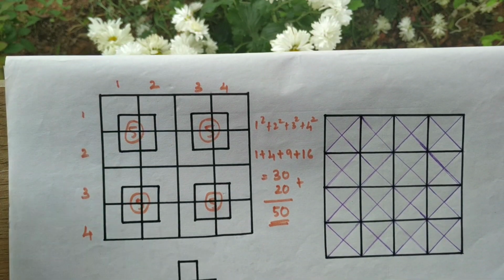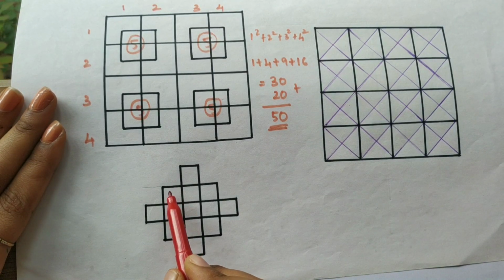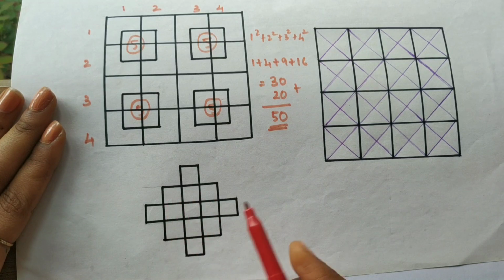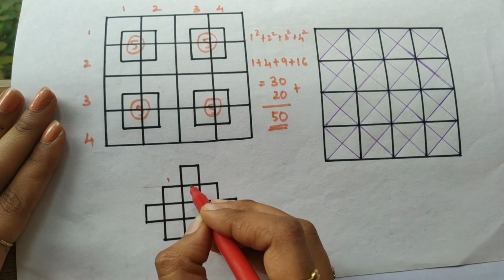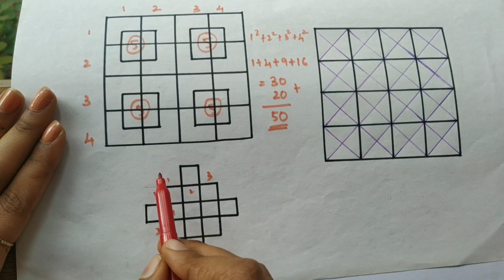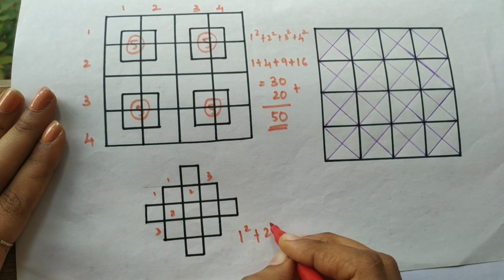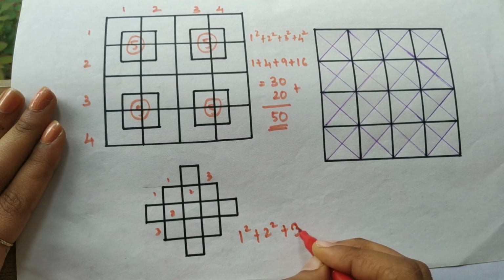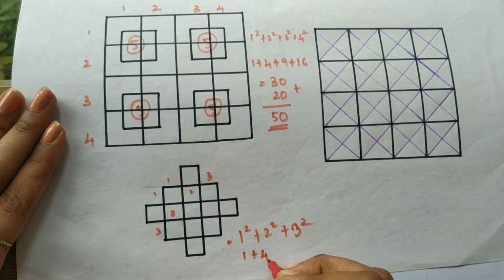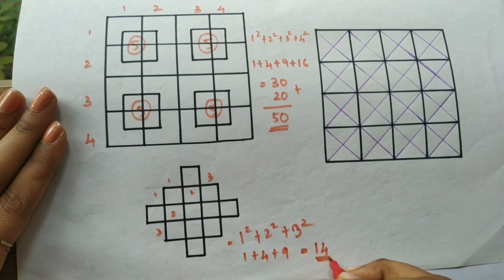Let's move on to the next example. Here also we have to take the base. We can see the square 1, 2, 3 and 1, 2, 3. So it is 1 square plus 2 square plus 3 square, that is 1 plus 4 plus 9, which is 14.